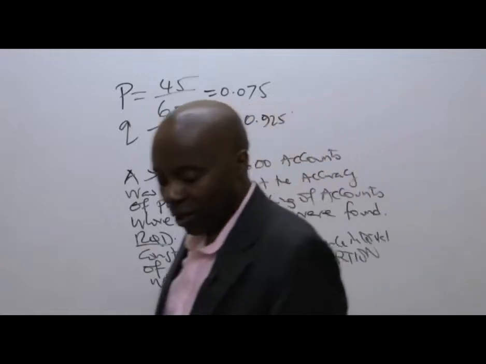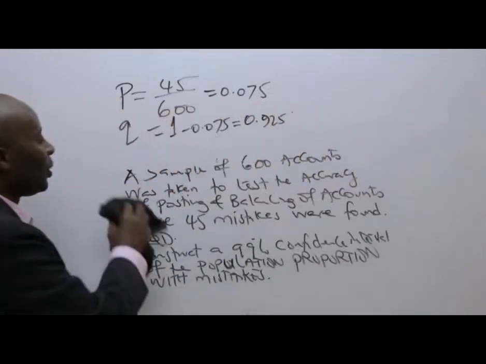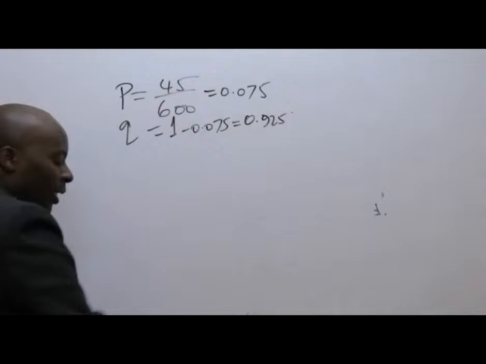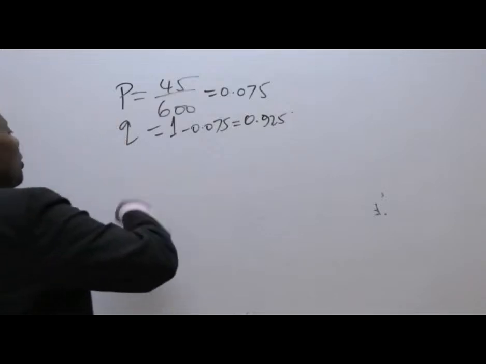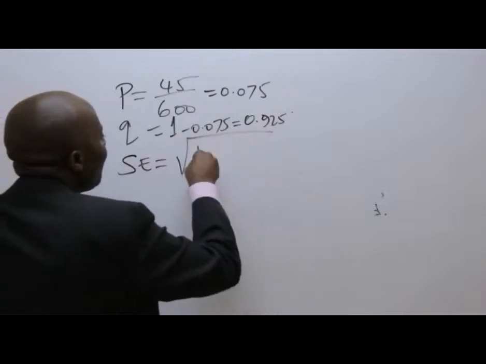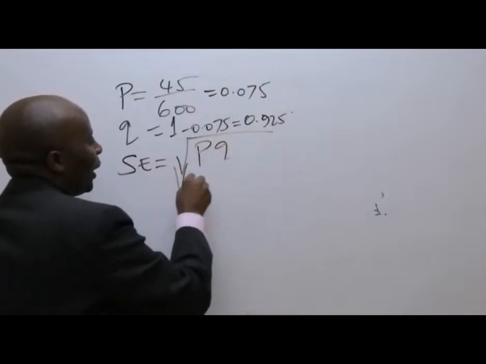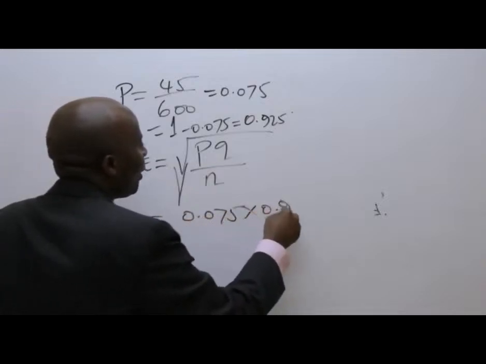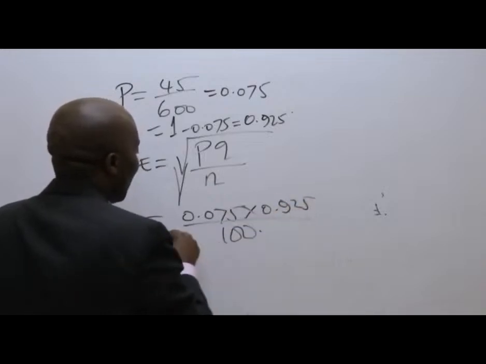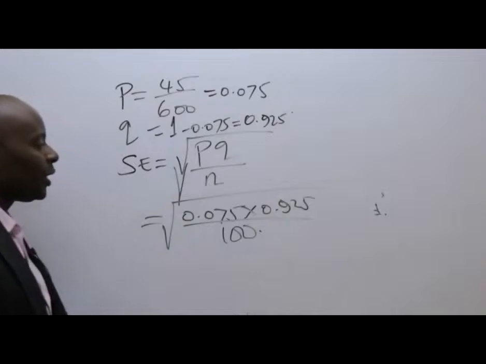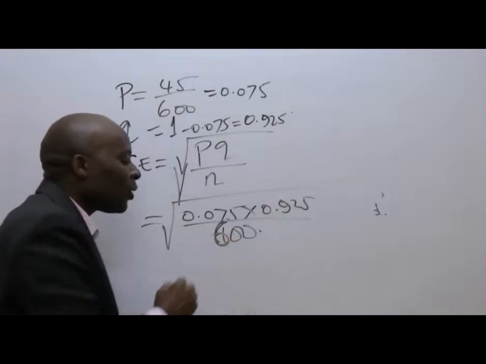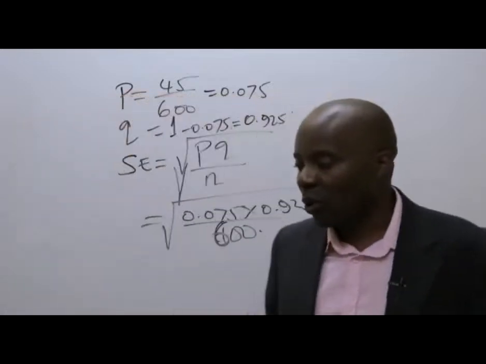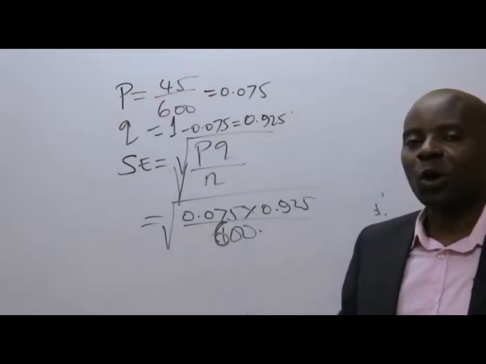The standard error in the case of proportions is obtained by multiplying P and Q, that is 0.075 times 0.925, and dividing whatever we get by N. We sampled 600 accounts, so our N is 600.